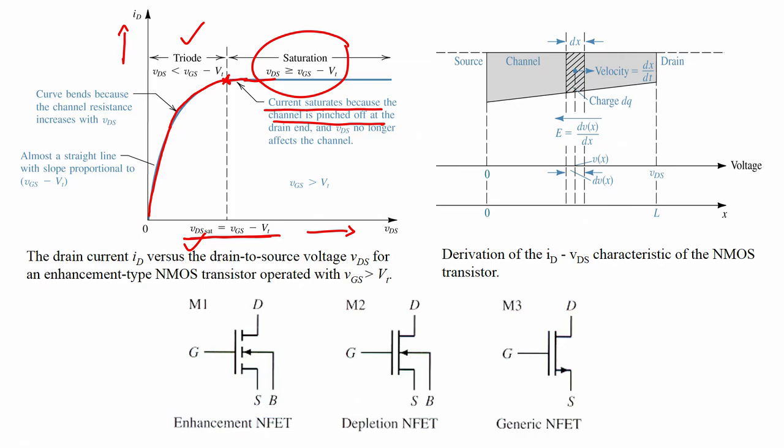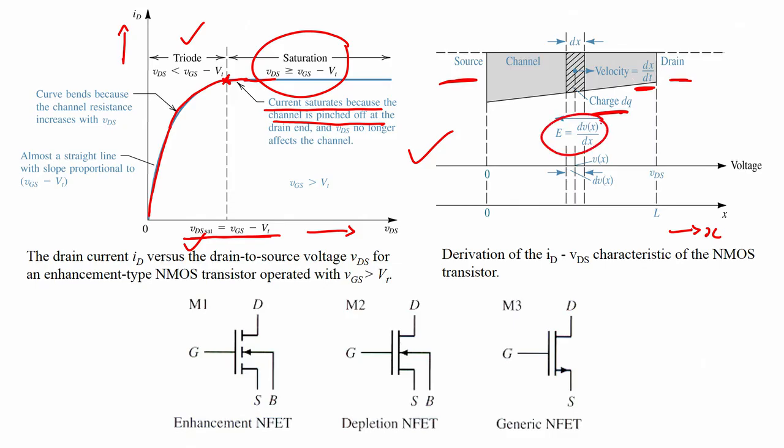If I see this particular plot, there is a source, there is a channel, and there is a drain, and there is a formation of charge. The velocity is nothing but dx by dt. This is my x, and velocity is dx by dt.